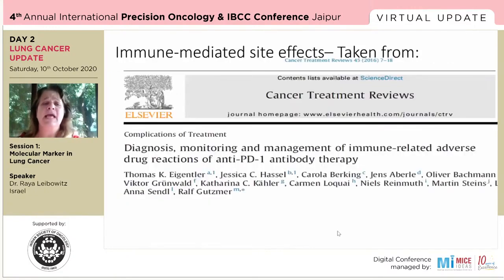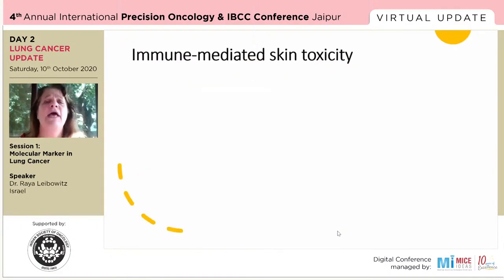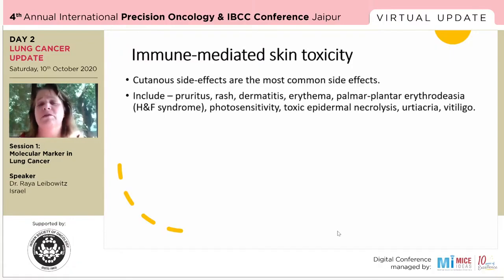And this is one of the guidelines that this talk was taken from, and this is another one from JCO. And I'll quickly run through a few of the toxicities. So skin toxicity. These are, of course, the most common side effects, and they can come in all shapes and forms of pruritus and rash and dermatitis.